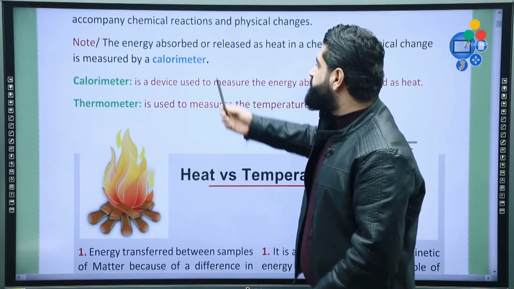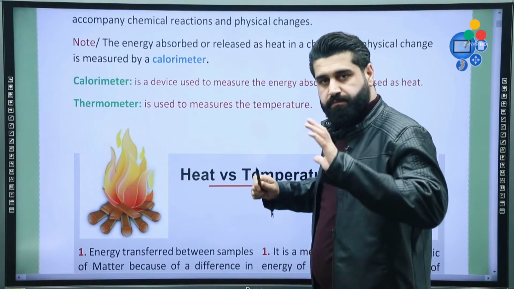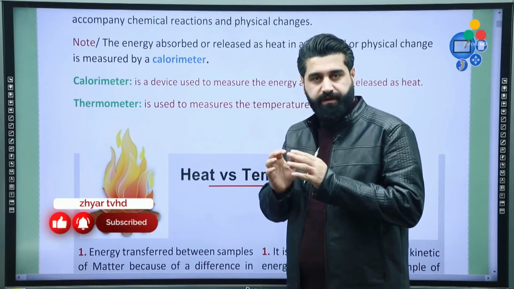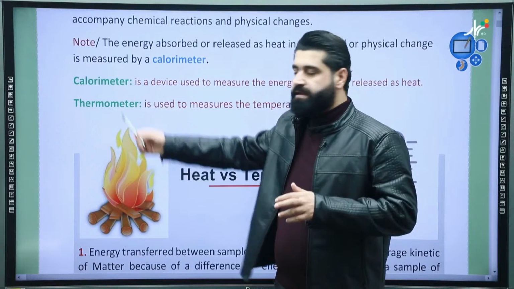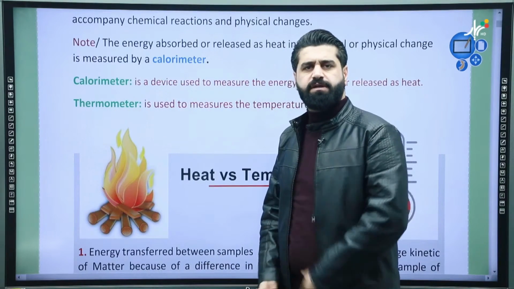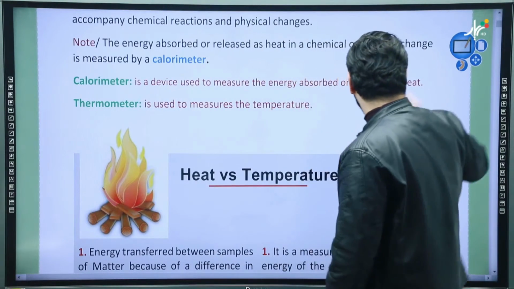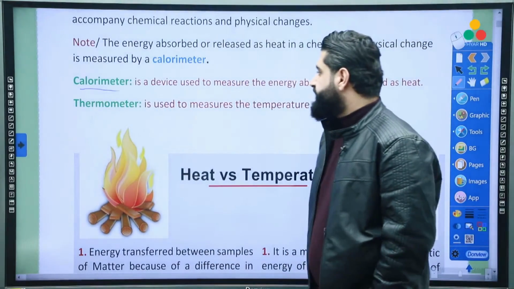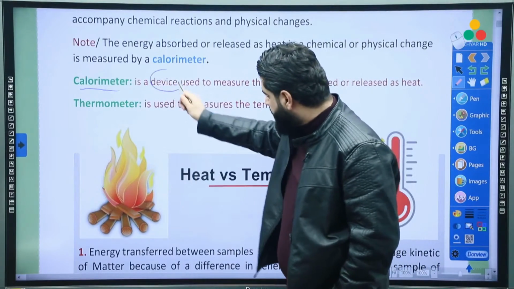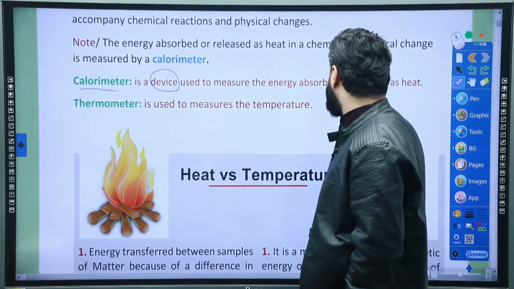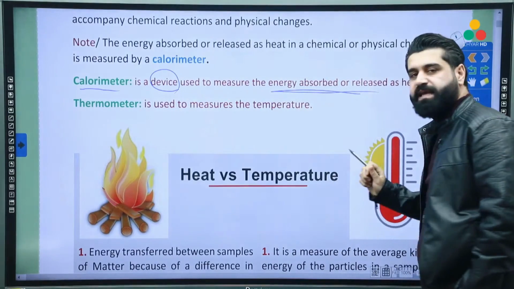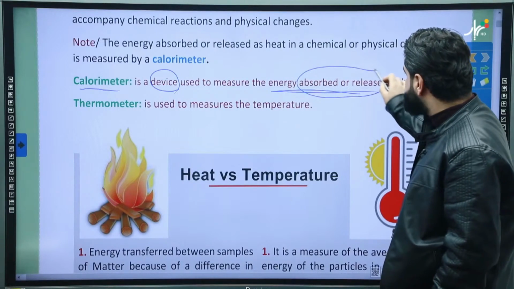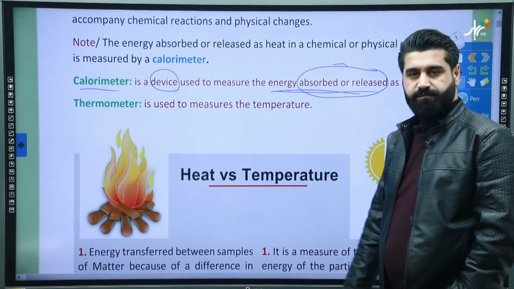The device used to measure the amount of energy transferred is called a calorimeter. It's totally different from the unit of measurement, which is kilojoule. A calorimeter is a device used to measure the amount of energy absorbed or released as heat. Absorbed or released means transferred.